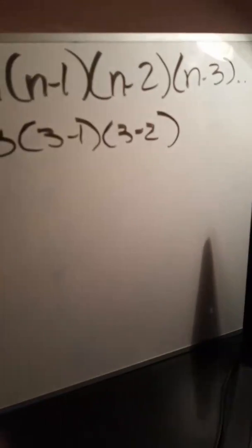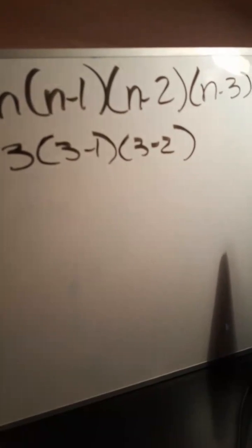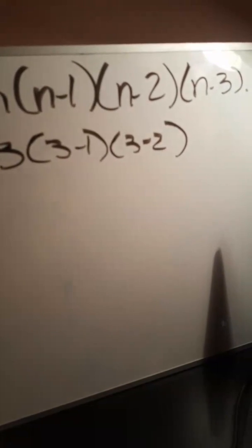So here we're going to have 3 for n, 3 minus 1, 3 minus 2. And pretty much we can't do 3 minus 3, because one thing with factorial notation is you cannot multiply by 0.